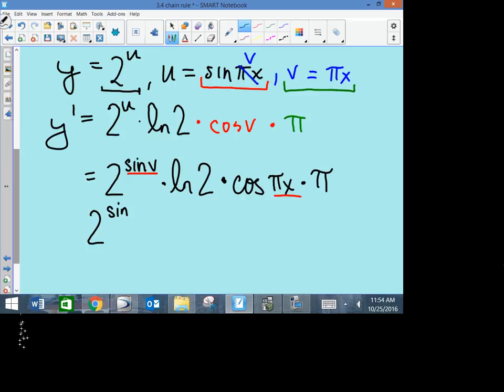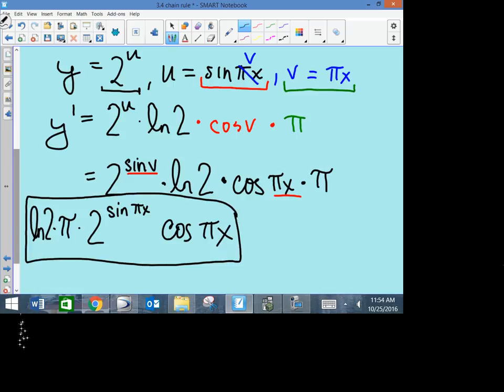My v is pi x. Put my ln 2, it's a constant, over here with my pi: ln 2 times pi times cosine pi x. The order does not matter, I'm just trying to get rid of the dots. But if you want to leave it in the same order, it's totally fine.